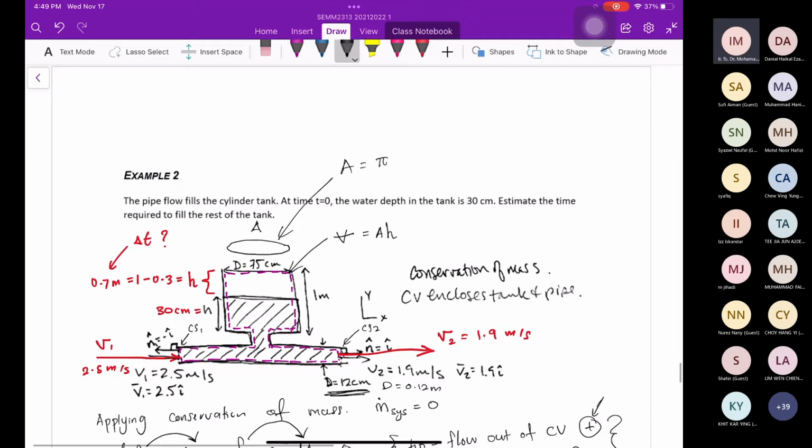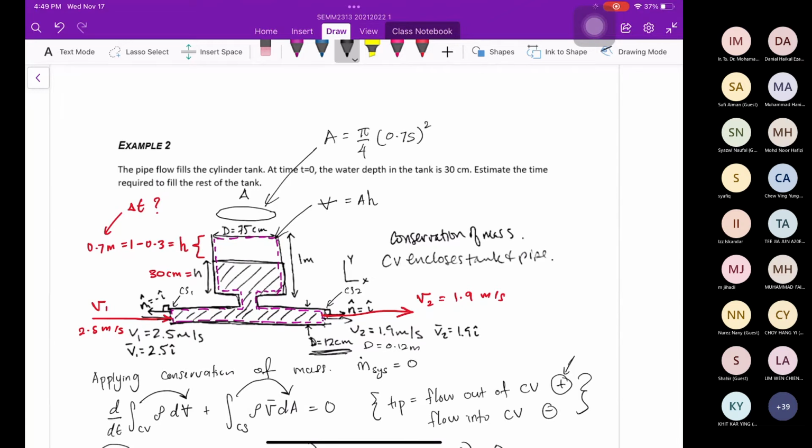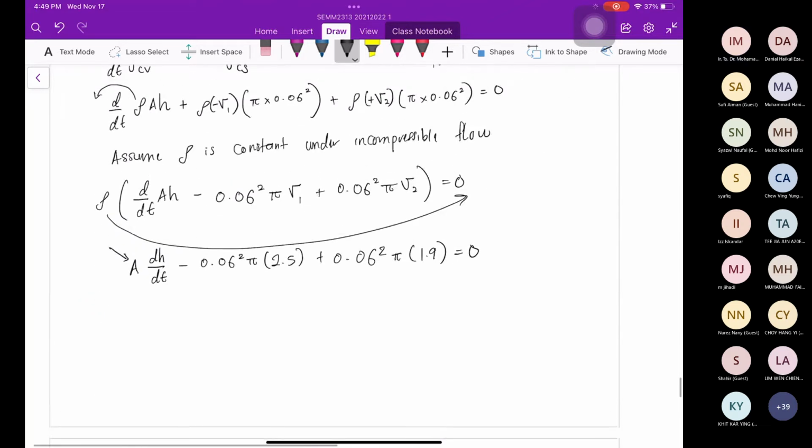Pi over 4 times 0.75 squared, where this is the diameter.